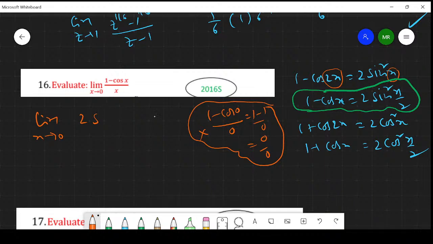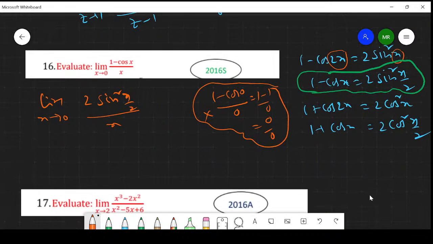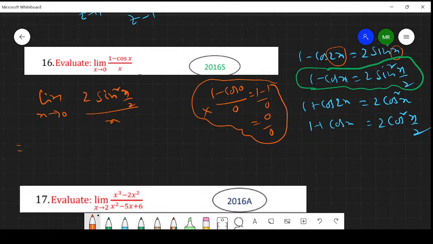Other method: 1 minus cos x is 2 sin square (x by 2), so I can write 2 sin square (x by 2) by x. This I can write, as is convenient. Limit x tends to 0, this 2 also I can write outside, or I can write x by 2 also.